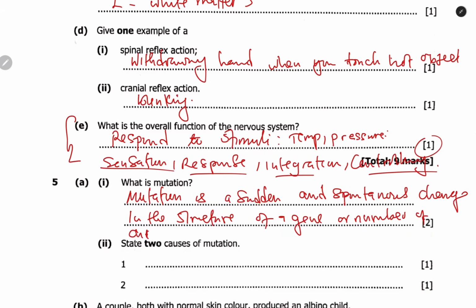I presume that up to this point you've done genetics. There are 2 types of mutation: gene mutation and, of course, chromosome mutation.